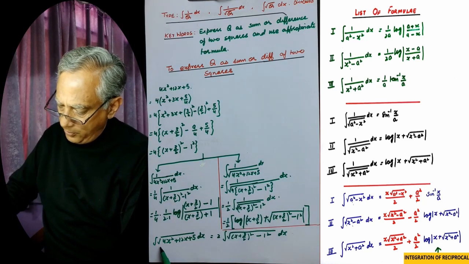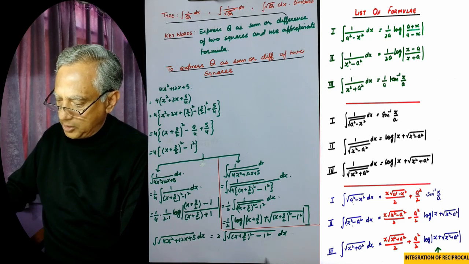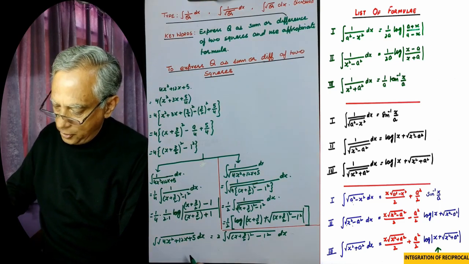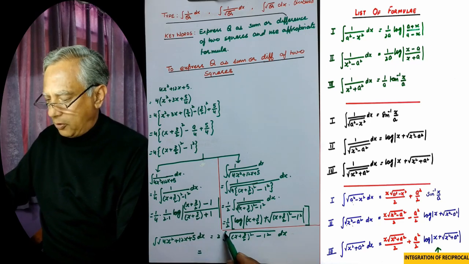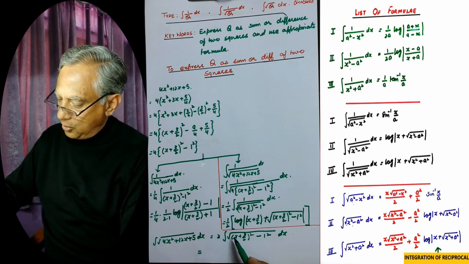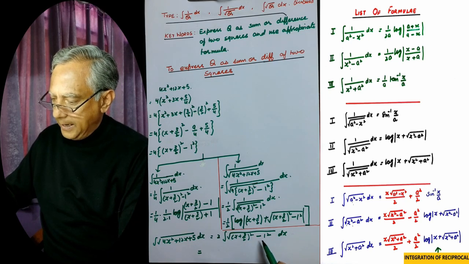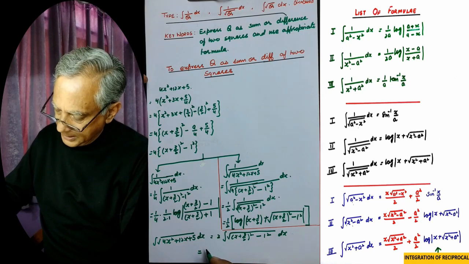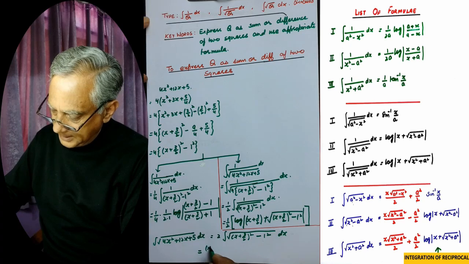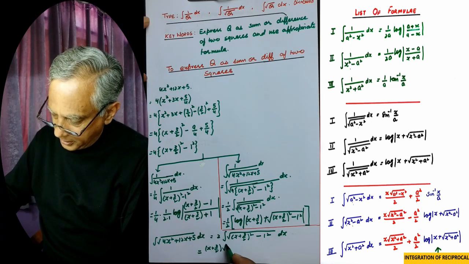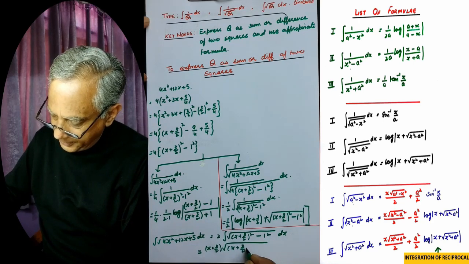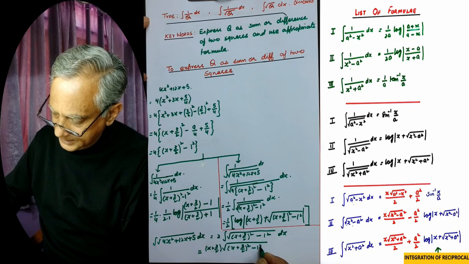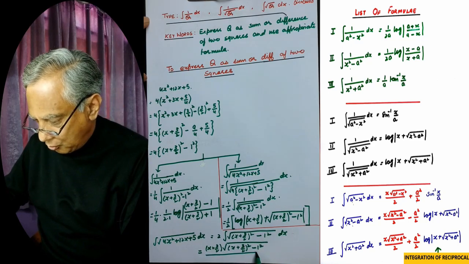Now in a similar way we will be able to write this and use the appropriate formula. So the appropriate formula for this will be under root x square minus a square. So x plus 3 by 2 into under root of this, that is x plus 3 by 2 whole square minus 1 square, over 2.